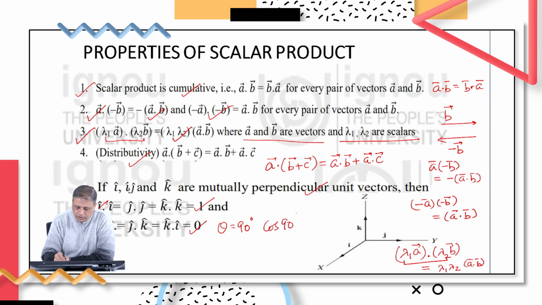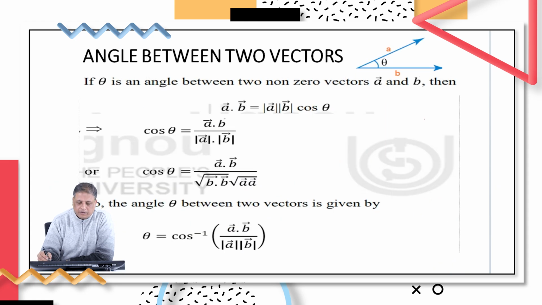Now let's extend our discussion to one more topic, that is the angle between two vectors. Say we have two vectors, vector A and vector B, and let theta be the angle subtended between them.